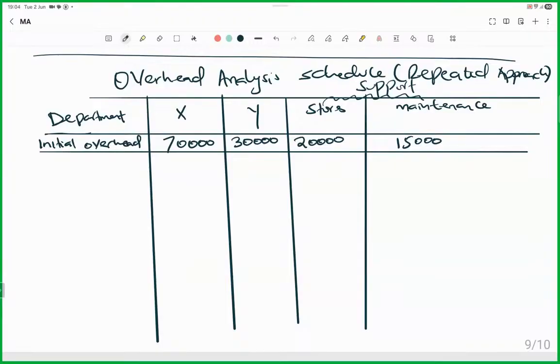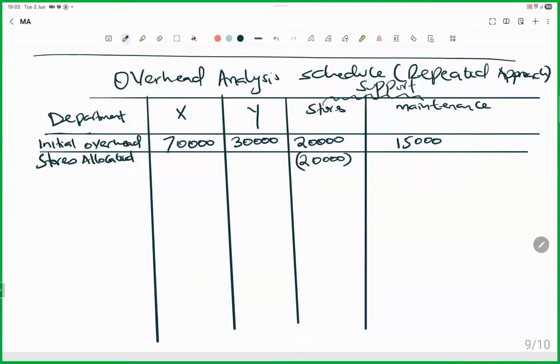All expenses in the support department shall be reallocated. So stores allocated: how much are we reallocating from stores? 20,000, because we want everything there to be zero.